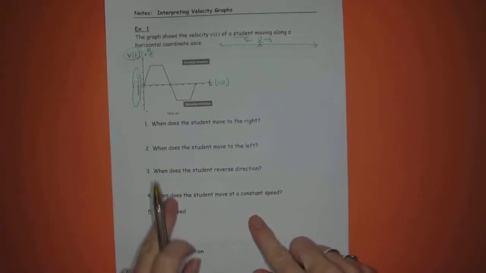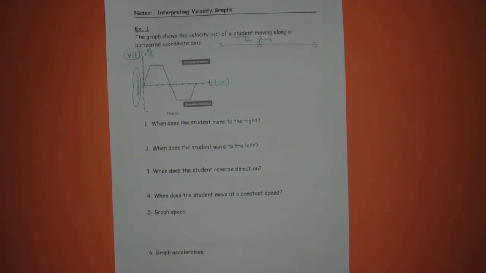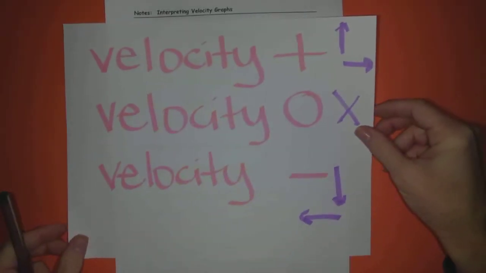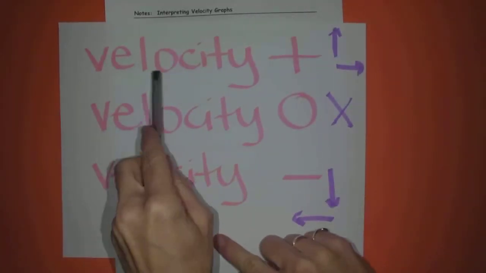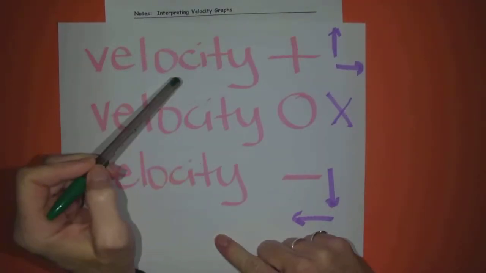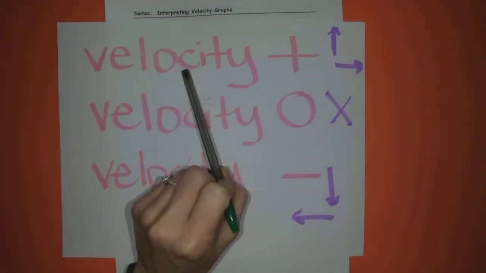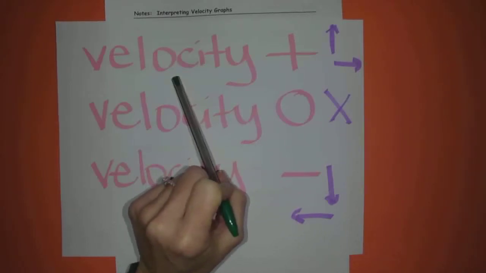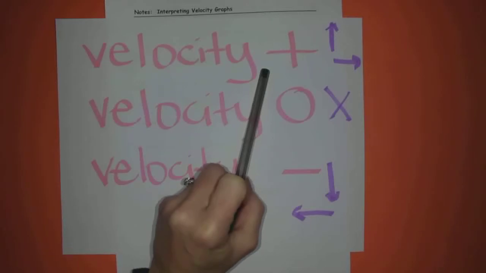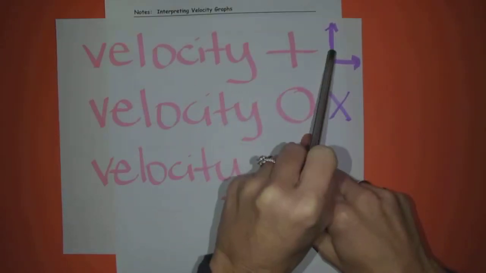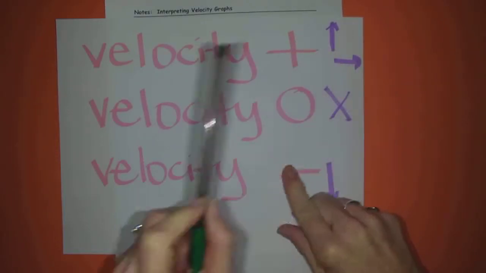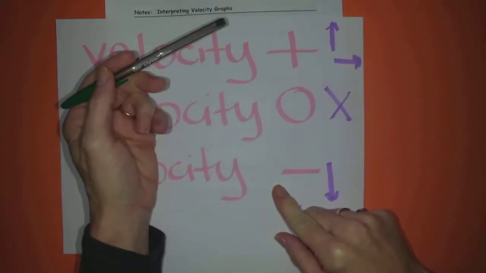Okay, before we start answering these questions, I just wrote down a reminder here. We talked about this the other day. Remember, velocity is speed with direction. It will give you really valuable information about which way your object is moving. So when velocity is positive, your object is moving upward or to the right, or you could even say forward.